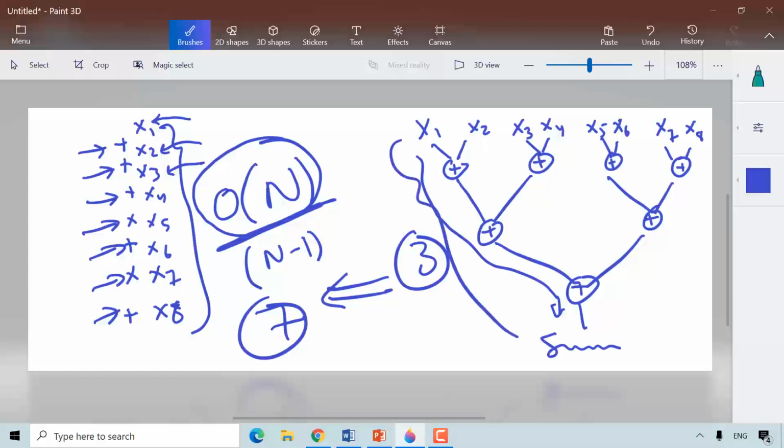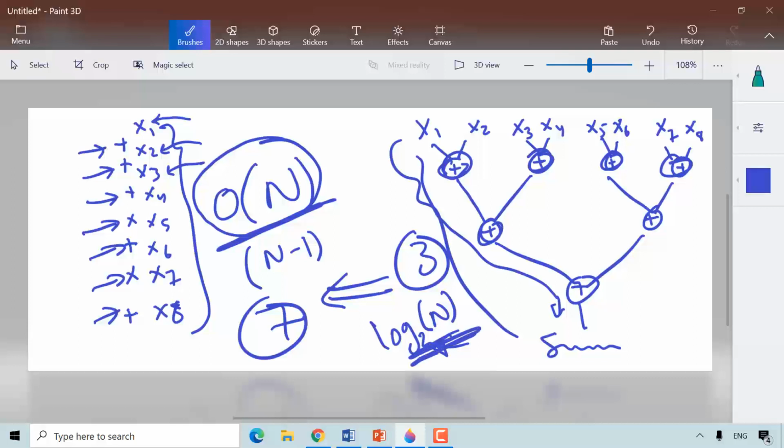What's the order of this? It's the height of the tree. It's a binary tree, and the height of it is log base 2 of n. Why base 2? Because I'm grouping by 2's, and that's why this is much faster.